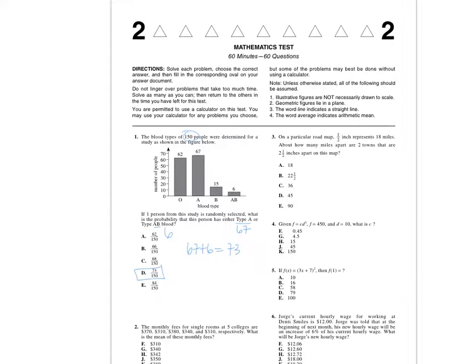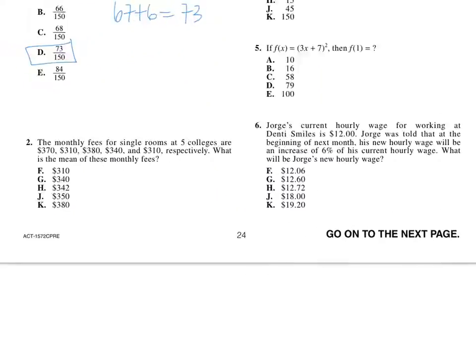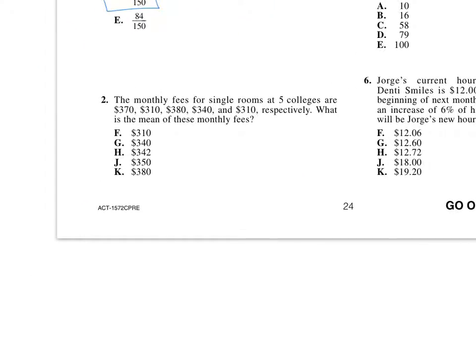Question 2. The monthly fees for single rooms at 5 colleges are $370, $310, $380, $340, and $310 respectively. What is the mean of these monthly fees? So mean is just another way to say average. So add them all up, divide by 5.